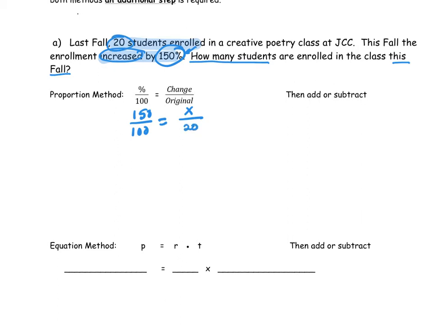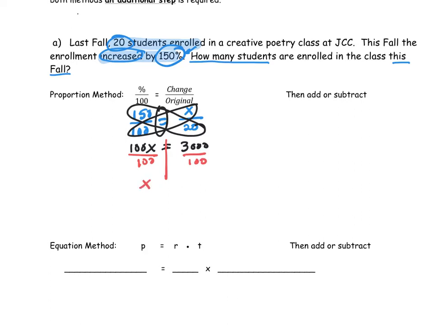So we're going to now cross multiply. 100 times x is 100x, and 150 times 20 is 3,000. Now that we have our cross products, we're going to divide by 100 on both sides. And that leaves us with x equals 30.